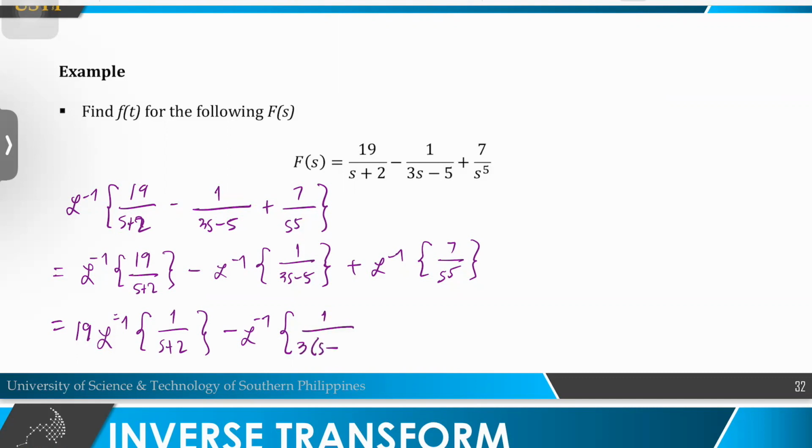We have s minus 5 over 3. We just rewrite it in that manner. Plus, factor out 7, of the inverse of 1 over s to the fifth.